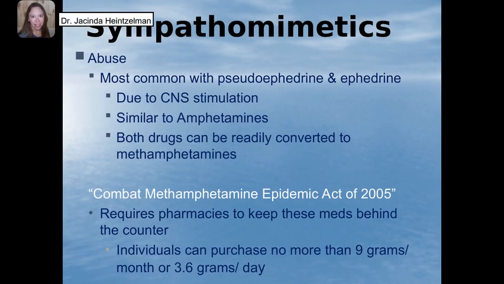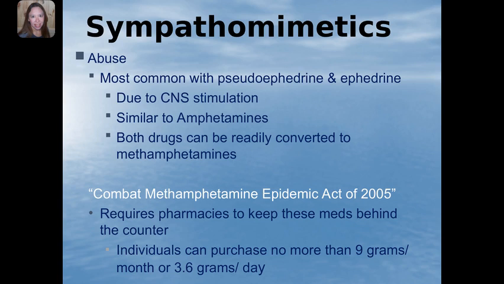Sympathomimetics, again, we're triggering the sympathetic nervous system. And when we're running from that scary monster, we want to really be able to focus and be able to get away from that scary situation. Well, triggering the sympathetic nervous system, it is going to do that. When we're giving a medication that's mimicking it, it can also cause this central nervous system stimulation.